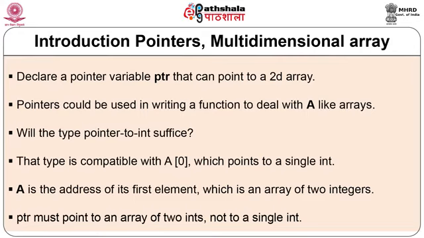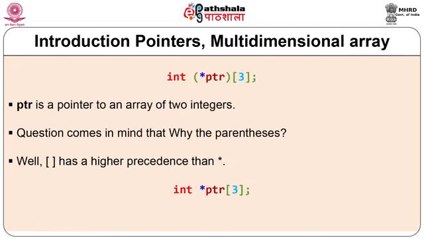This way, you can understand the difference between pointer and multidimensional array. Here is what you can do to define the pointer: int (*ptr)[3].